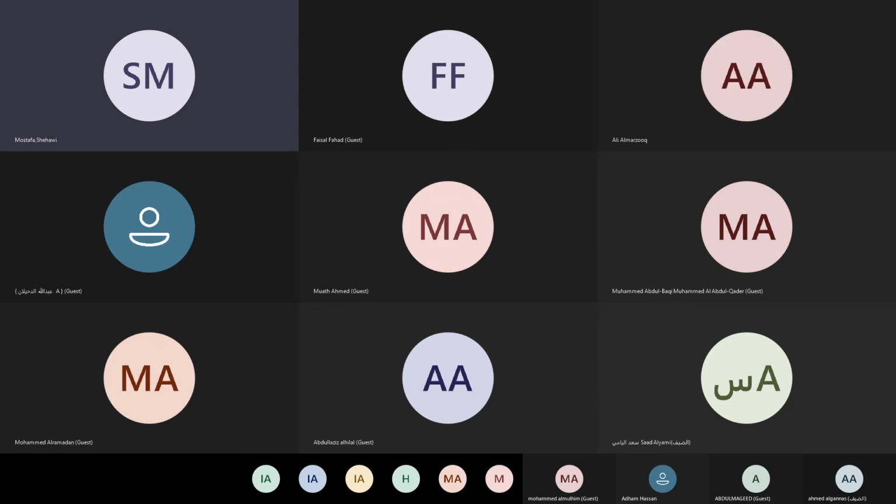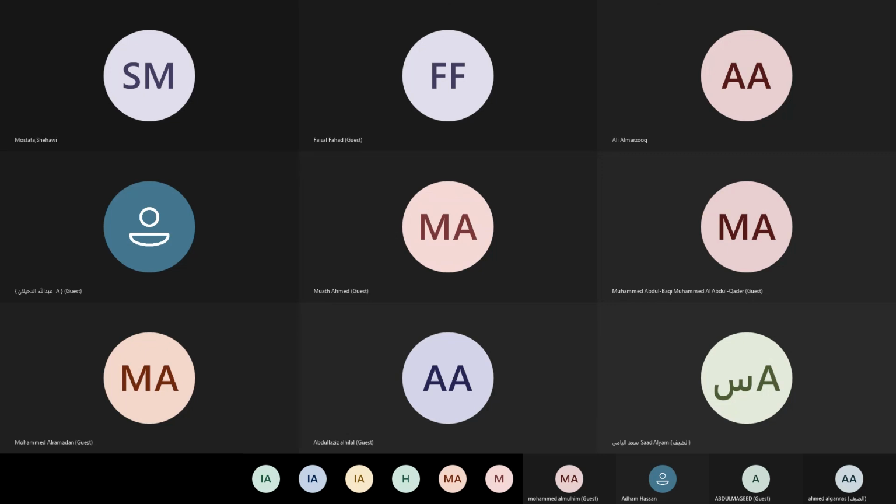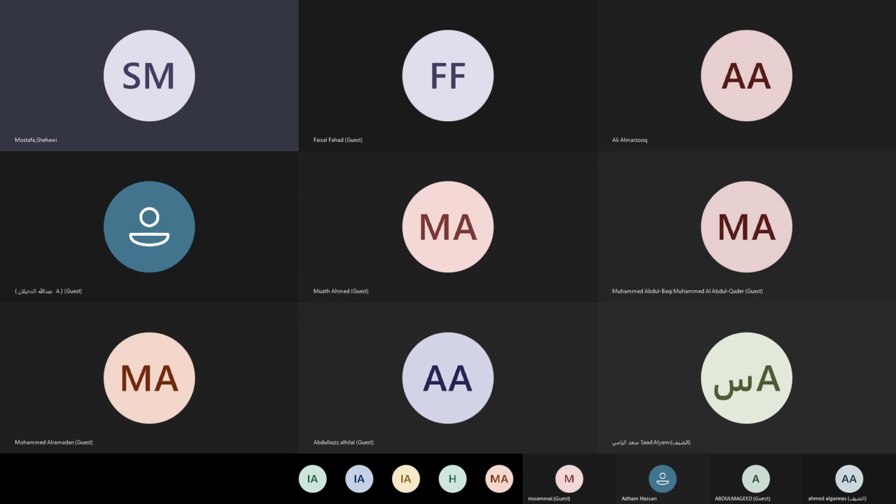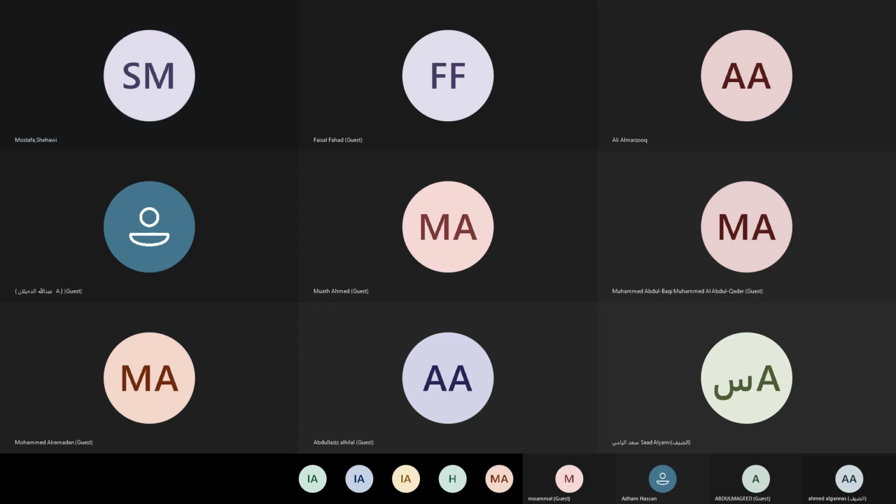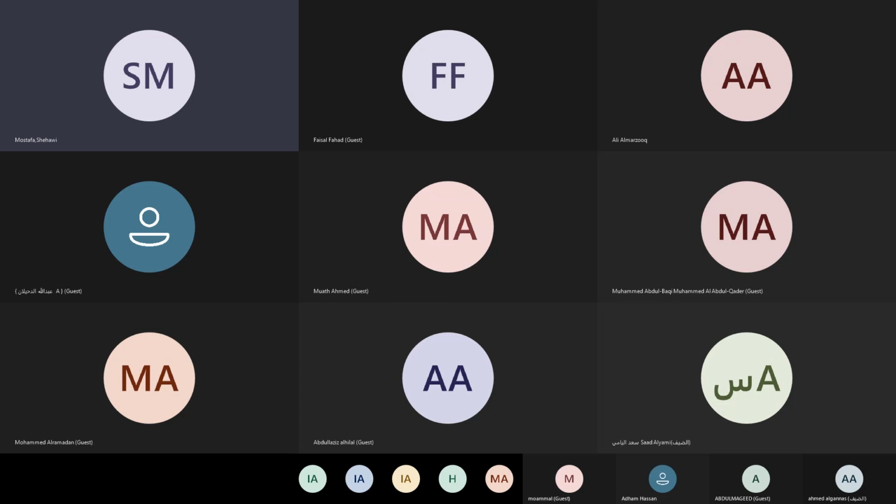Let's see how many are here. We have only 12 players, while we have here in the session 22 students. And it says 23. And we have 17 right now in the session.